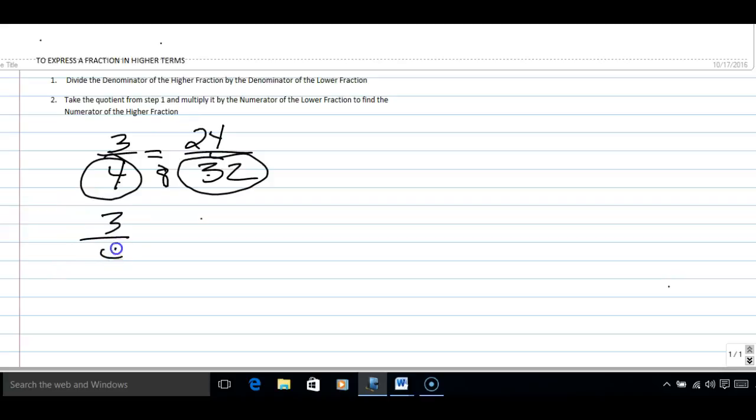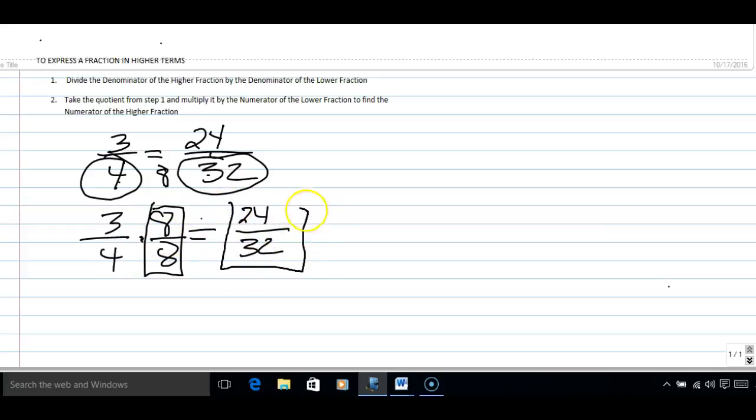In essence, what I'm doing is multiplying 3/4 by a strange form of the number 1. 8 over 8 is 1, and 1 times anything is that anything. So 3 times 8 is 24, and 4 times 8 is 32. So I haven't really changed the value of this fraction. This fraction is equivalent to what I started out with because I just multiplied 3/4 by a strange form of the number 1. And 1 times anything is that anything.